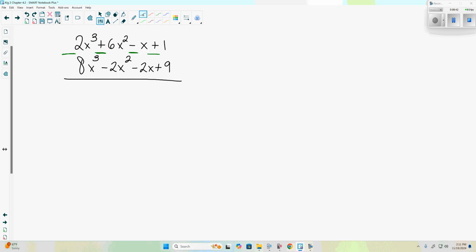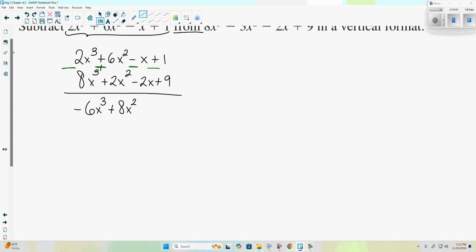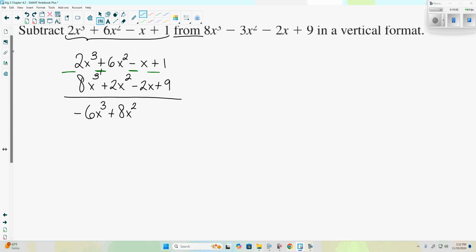Now, 2x cubed minus 8x cubed. Well, we do 2 minus 8, which is negative 6x cubed. Negative 6x squared minus negative 2x squared. Well, the negative and negative make a positive, giving us plus 8x squared. Thank you. Errors galore.